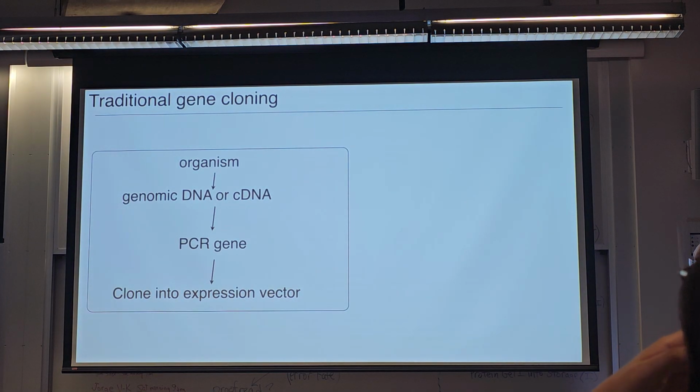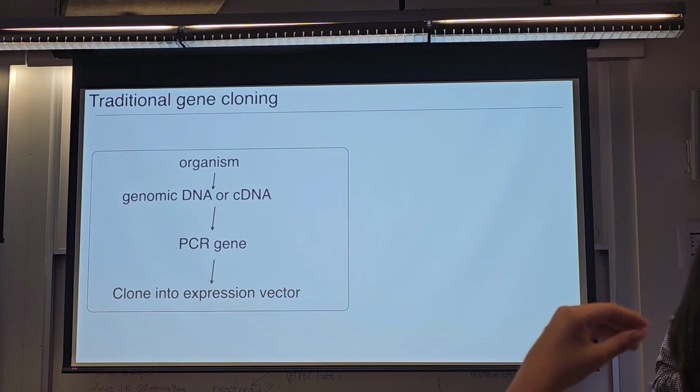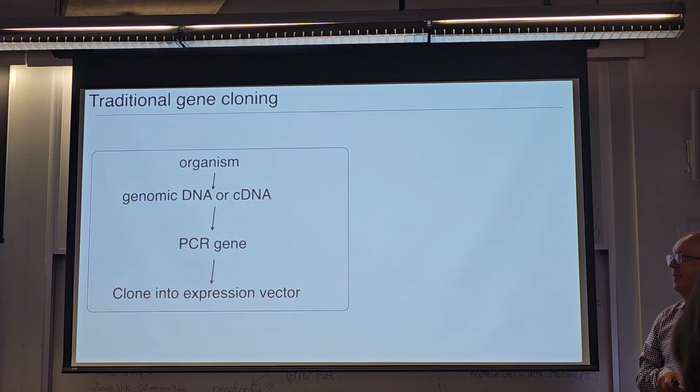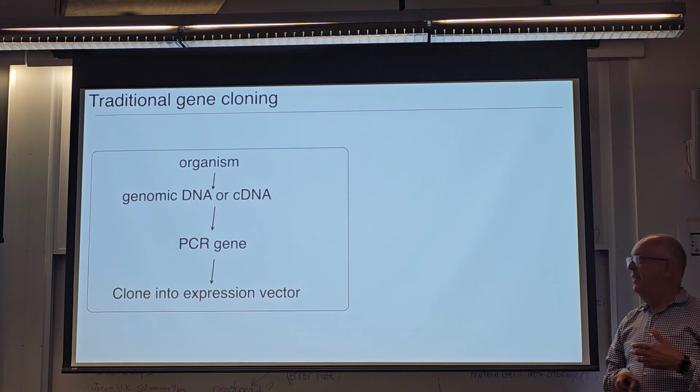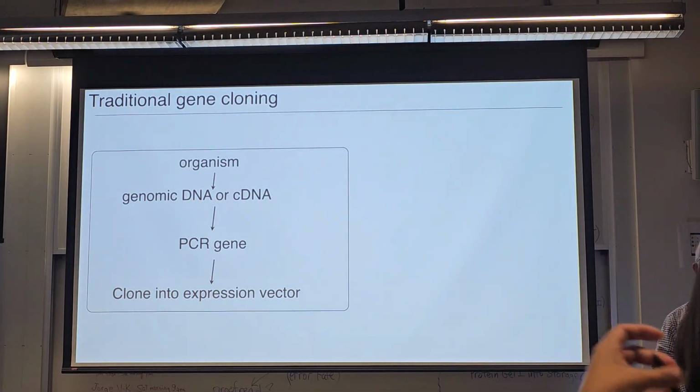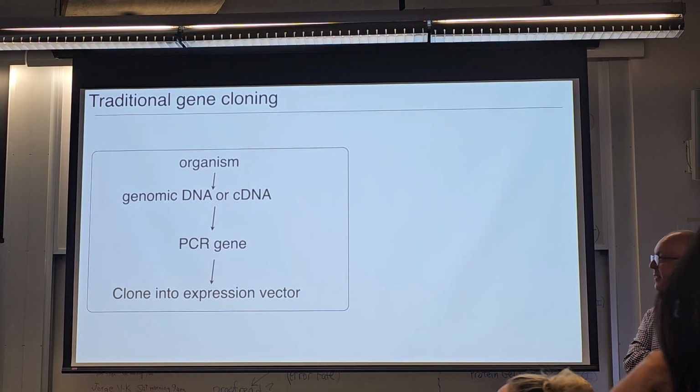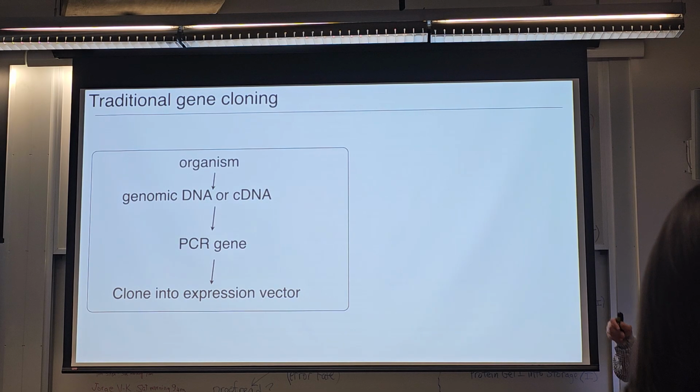Okay. So in traditional gene cloning, if you're interested in a particular gene, what you have to do is get the organism or the sample. You'd have to extract its genomic DNA, and then you'd have to design PCR primers to amplify that gene specifically. Right?